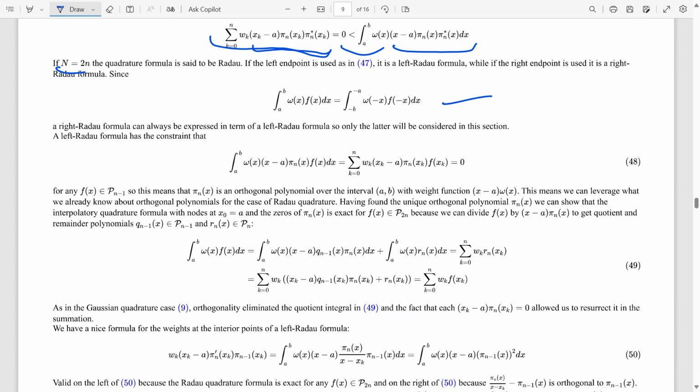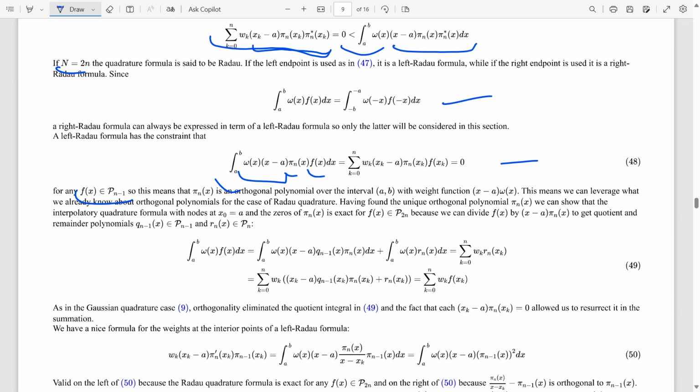We have this constraint for f of x, any polynomial of degree at most n minus 1. So that means that pi n of x is an orthogonal polynomial over the interval from a to b with weight function omega of x, x minus a.